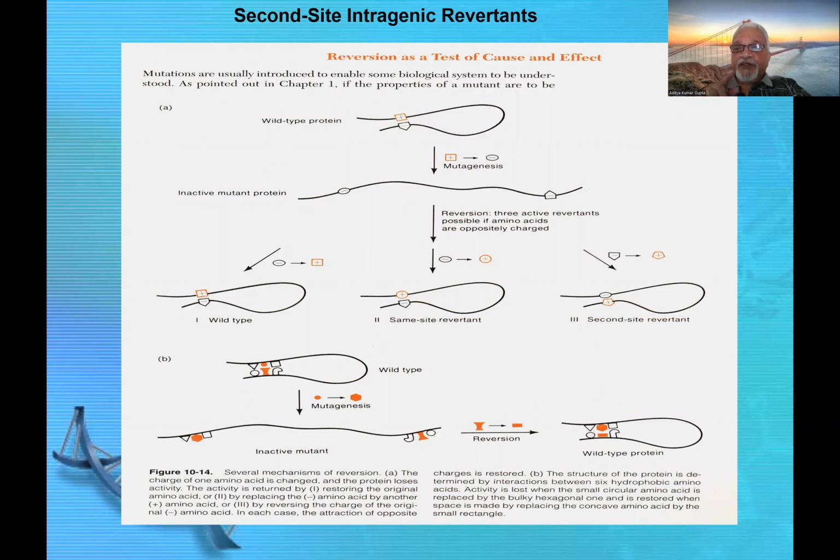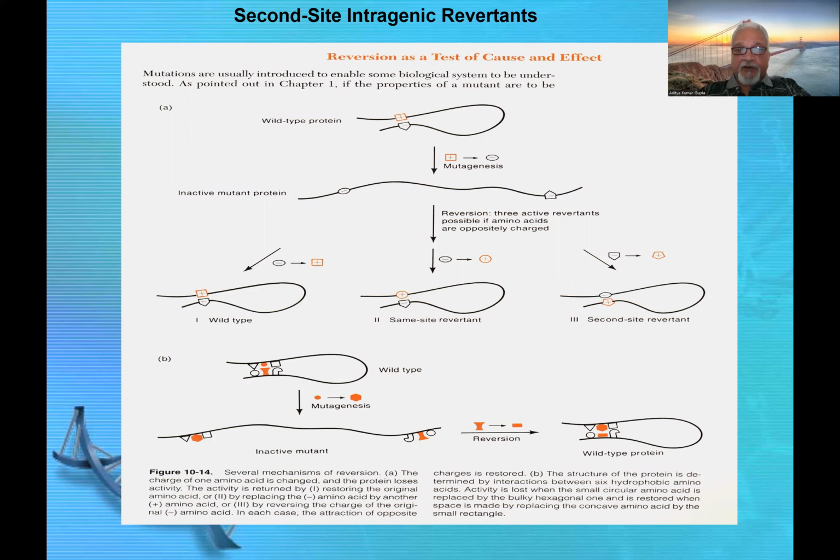When the reversion is because of a second mutation in the same gene, that's what I told you. That second mutation can be in the same gene, or the second mutation can be in a different gene altogether. And the second mutation is such which is suppressing the original mutation to give you a wild type phenotype.